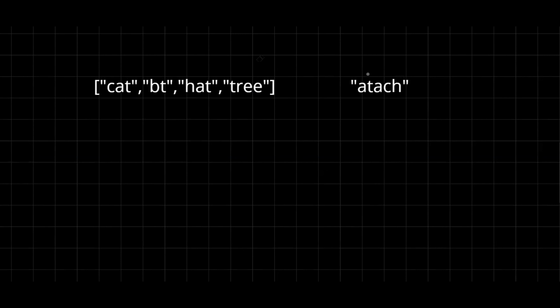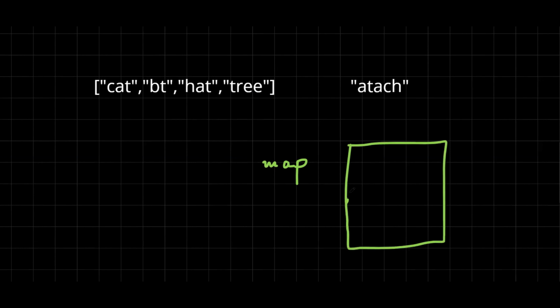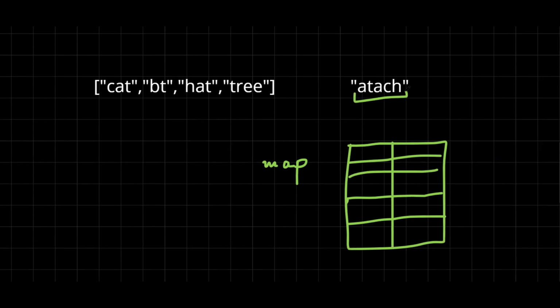So the basic intuition is, if in any problem we have to deal with frequency, we will simply use the map data structure. Suppose in this problem, we are using one map here. Currently, let's add the frequency of each character stored in this attach string.